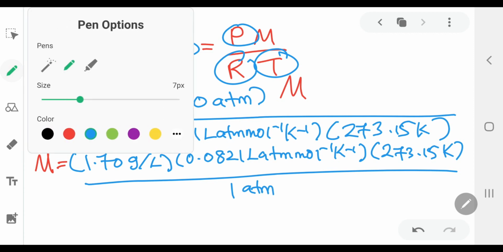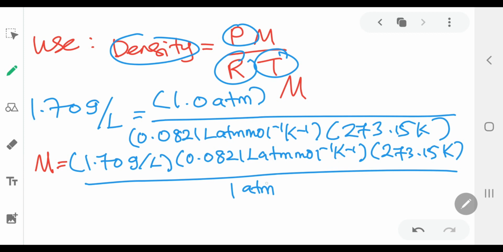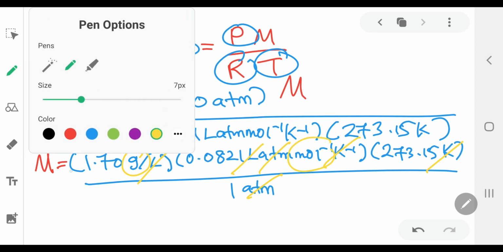So when you look at the units, atm, you can cancel that out. Liter, you can cancel that out. Kelvin, you can cancel that out. So you are left with gram per mole, which is the unit for molar mass.